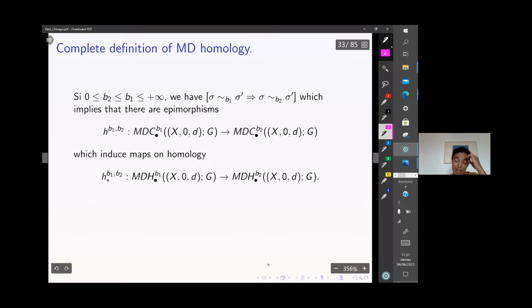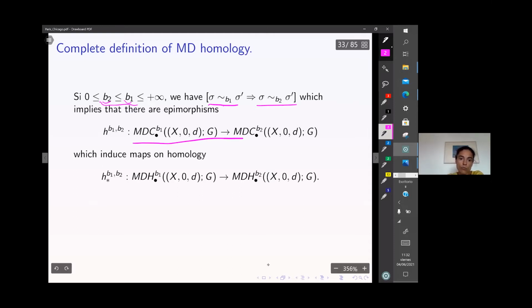Now we have extra structure in between these groups. Every time we have two speeds different, b2 less or equal than b1, in the same way that two arcs that are tangent of order b1 will also be tangent of order b2, because we have the same type of inequality, two simplices that are b1 equivalent are also b2 equivalent.